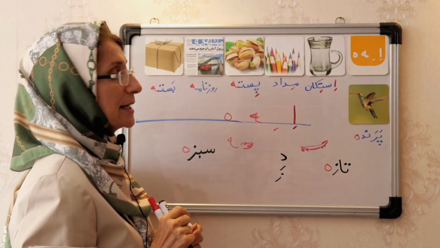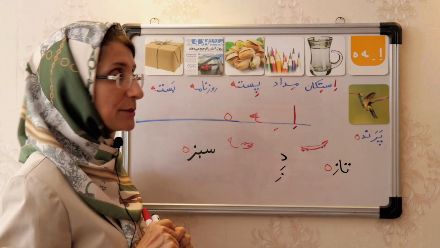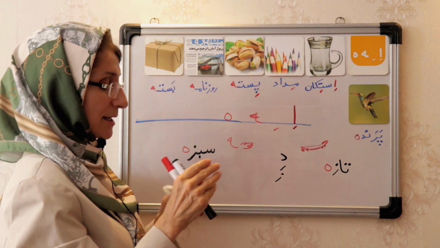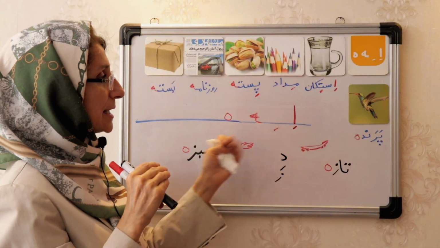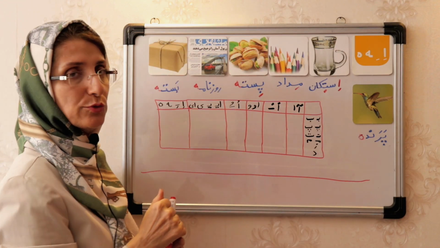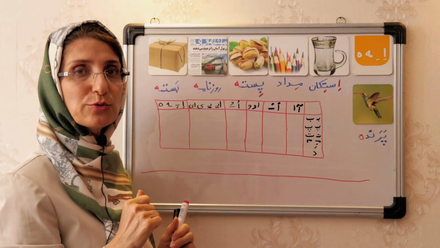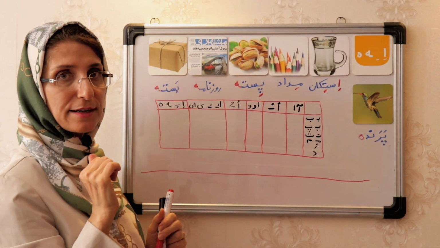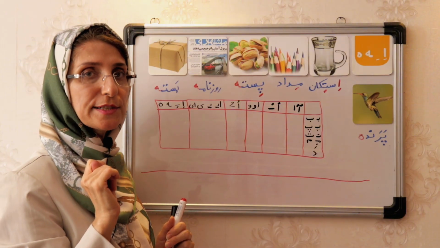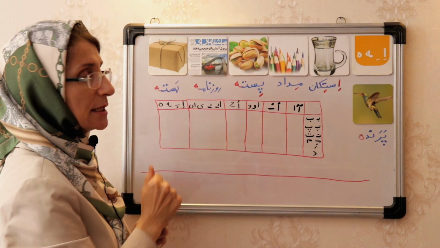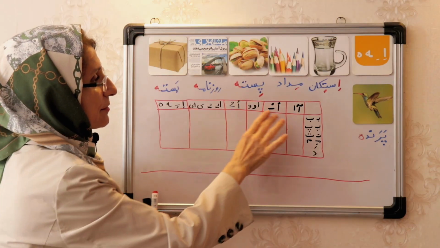Now, let's go to our friendship table, جدول دوستی, to combine the A and show other words. This is جدول دوستی. این جدول دوستی است. برای صرفه‌جویی در زمان, to economize time, I have written the vowel sounds above.